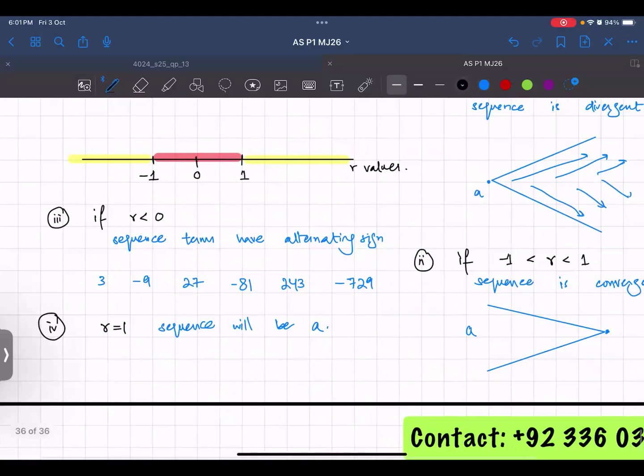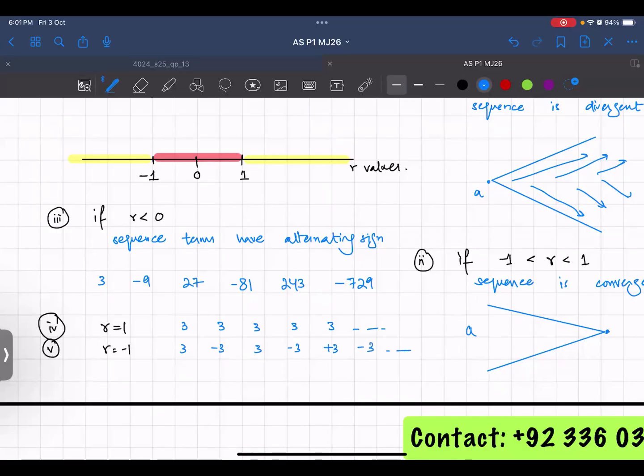And lastly, if your R is -1, the sign of the terms will change, but the magnitude won't change. For example, with R equal to 1 it is 3, 3, 3, 3. But here, let's suppose 3, then the next one will be -3, then 3, then -3, then 3, then -3.